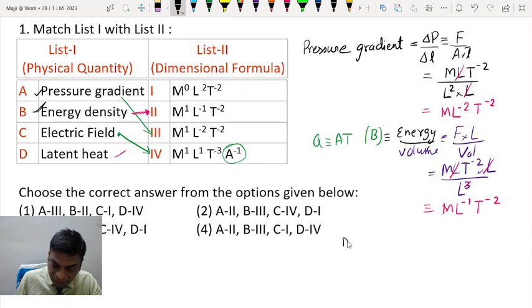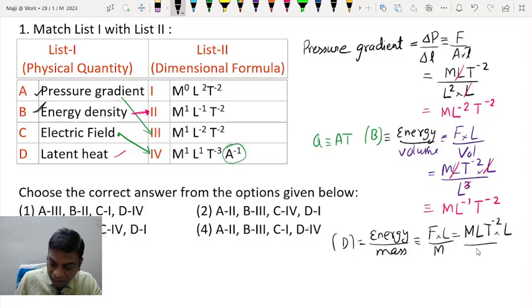So latent heat would mean heat, that is energy, per unit mass. So for energy, it is force into length on mass. So force is MLT power minus 2, again there is an L, M gets cancelled. So there is no M here. So latent heat should be mapped to 1.